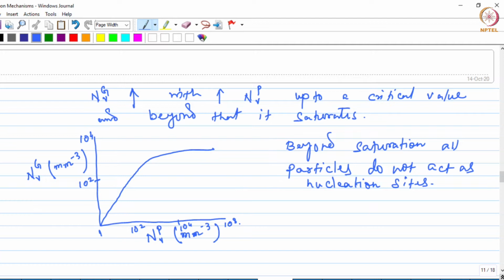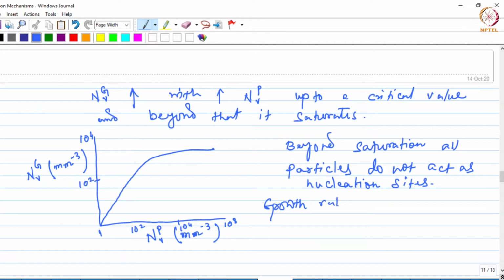So for a fine grain structure, the growth has to be restricted during the solidification process. So that is what is actually given by that growth restriction factor which I mentioned before.